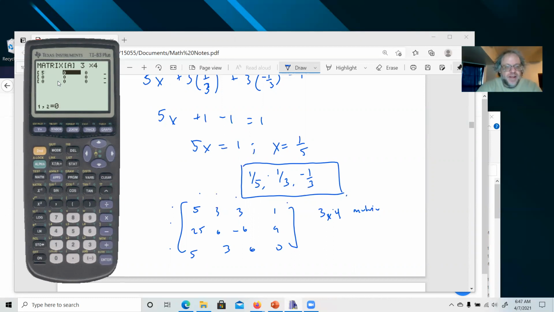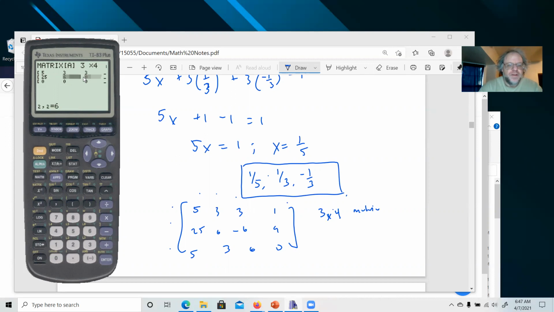So we have 5. I'm hitting return. Okay, so you can hit the enter button down here and it'll take you to the next entry. 5, 3, 3, 1. Okay, 25, 6, minus 6. I hope. Nope, didn't like that. Got to be careful with these because the calculator does not like the minus sign.